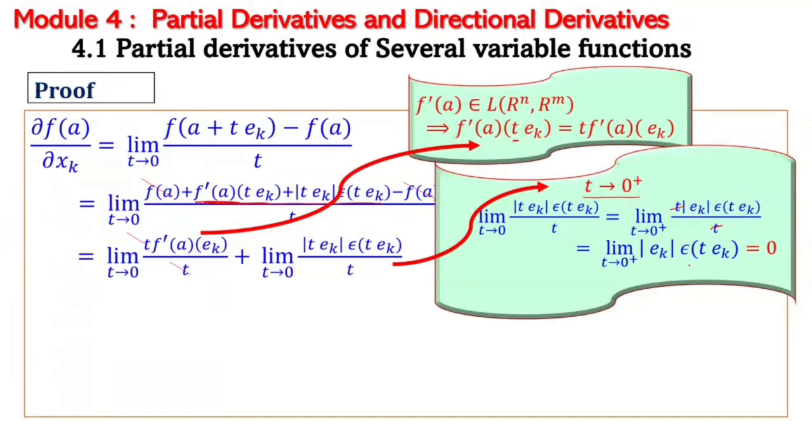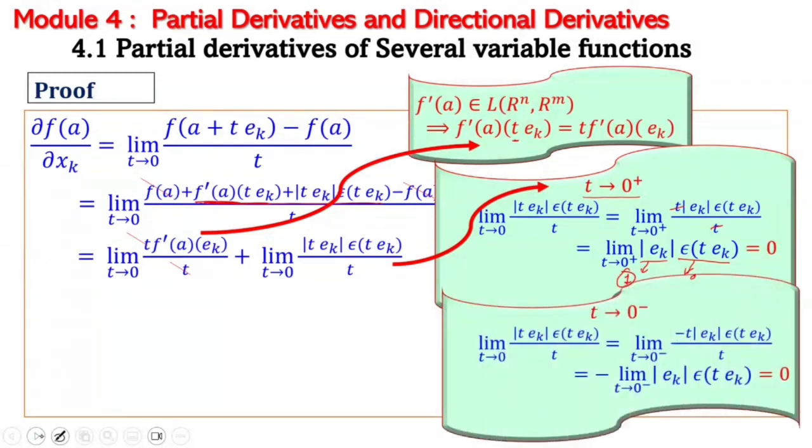Then we will have the absolute value of e k epsilon t e k. The absolute value of e k will actually be 1, but we leave it here as the absolute value of e k. And this epsilon t e k tends to 0 as we showed with the conditions of the differentiability. Therefore, this whole limit is going to 0.